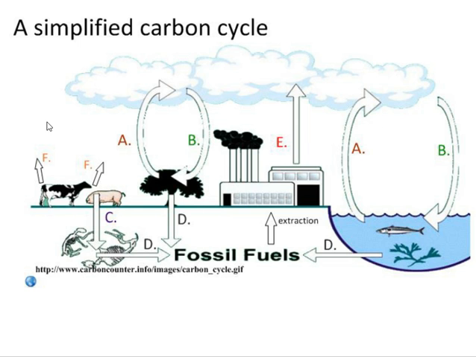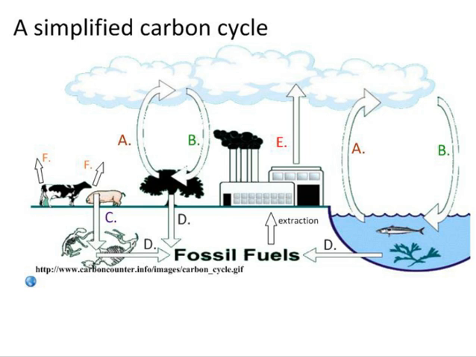Another pool is the carbon we find within the atmosphere in the form of methane and carbon dioxide. Another pool is in fossil fuels stored in the ground. Another pool would be the carbon that we find in the oceans, either dissolved in the water or within the aquatic plants or animals or the organic material. Those are our pools.